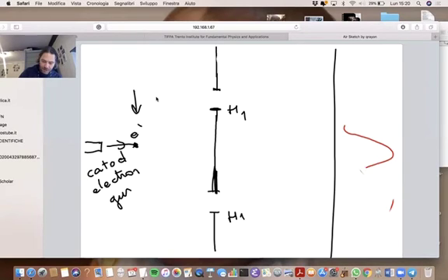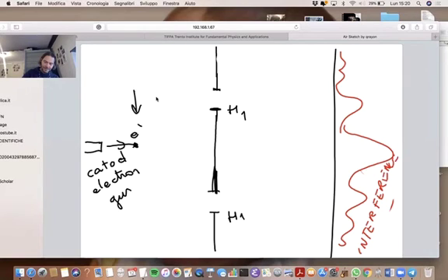The detectors in this case will detect interference patterns. Oh my God, that is unexpected.